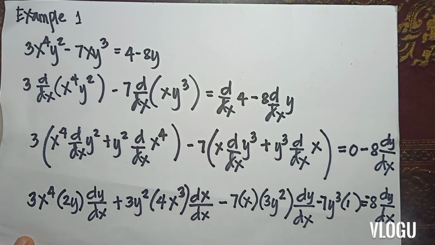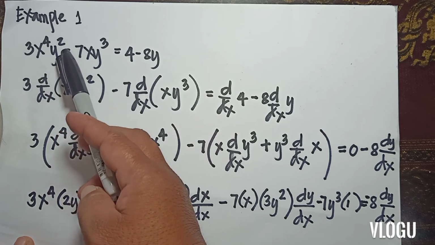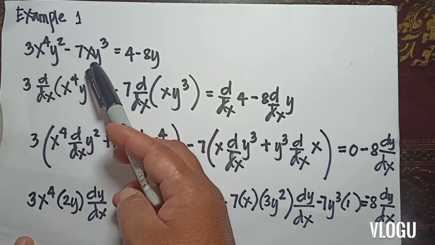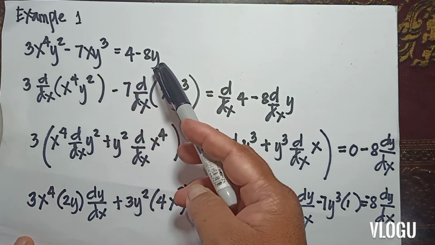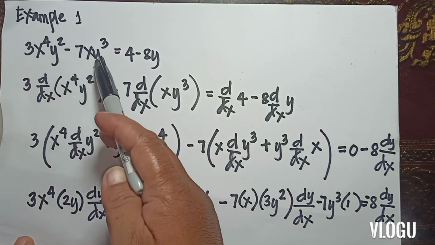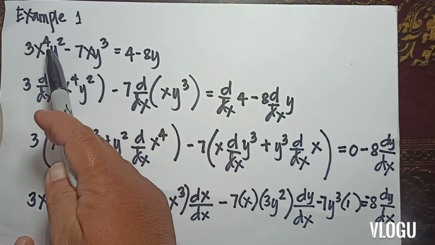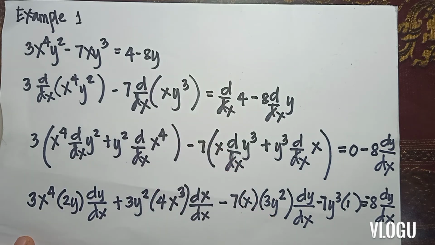Okay, we have our first example. Given 3x to the 4th y squared minus 7xy cubed equal to 4 minus 8y, we cannot solve for y here in terms of x. So we are going to use implicit differentiation.